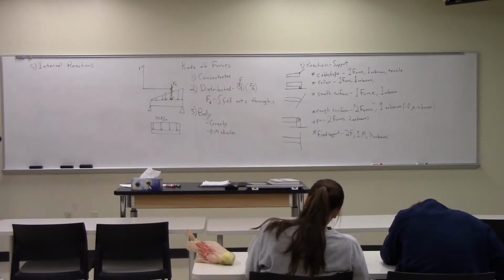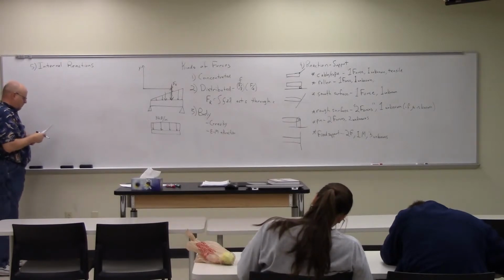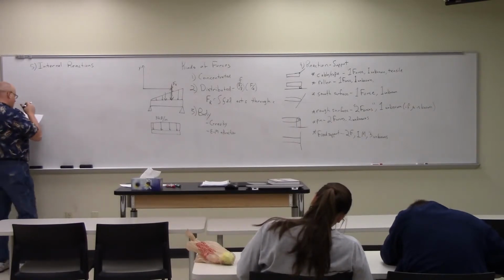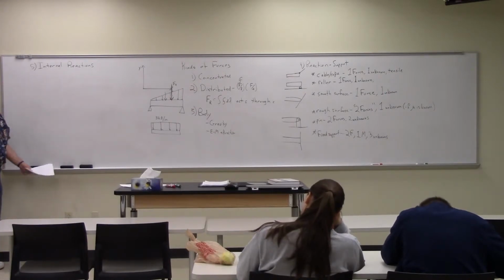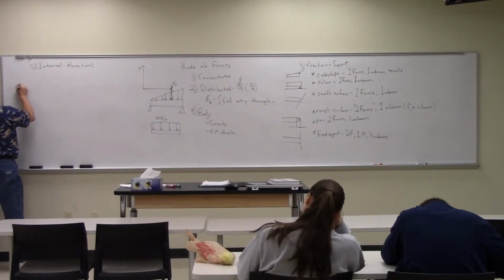Those are all external. The supports are all external. So now we have internal reactions as well. So if I take a cross section of a beam, or a post or something, so that's what I'm going to do here. I've got a cross section.